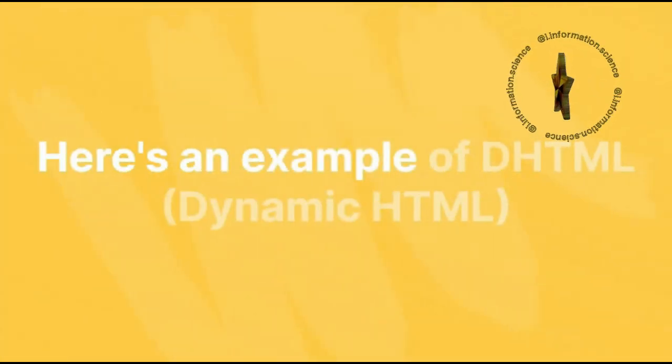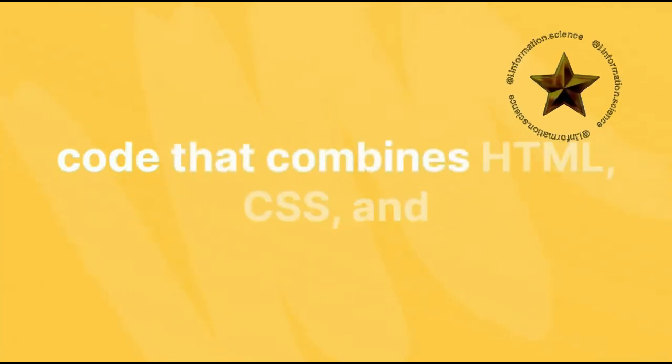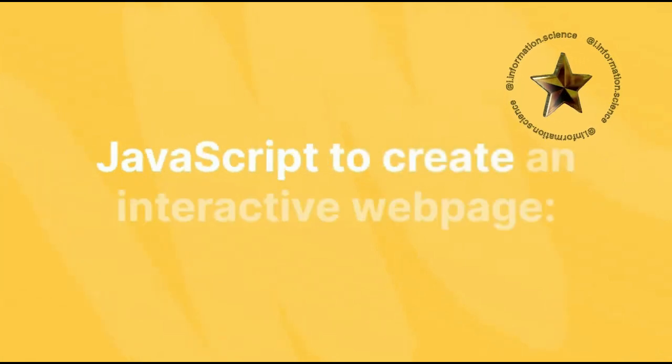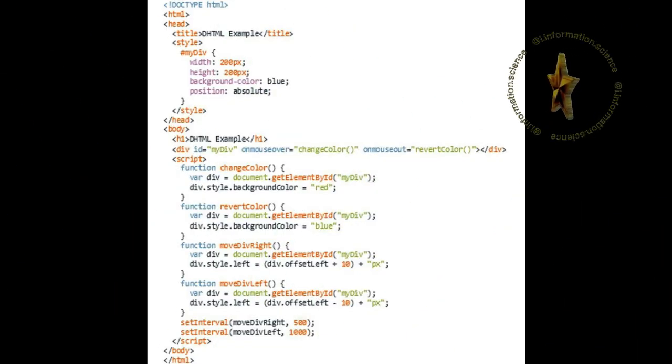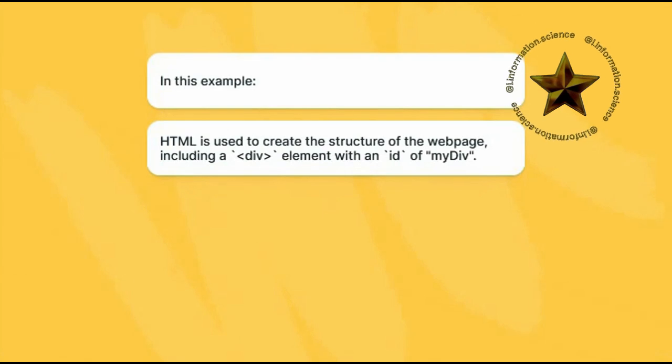Here's an example of DHTML, Dynamic HTML, code that combines HTML, CSS, and JavaScript to create an interactive web page. In this example, HTML is used to create the structure of the web page, including a div element with an ID of myDiv.